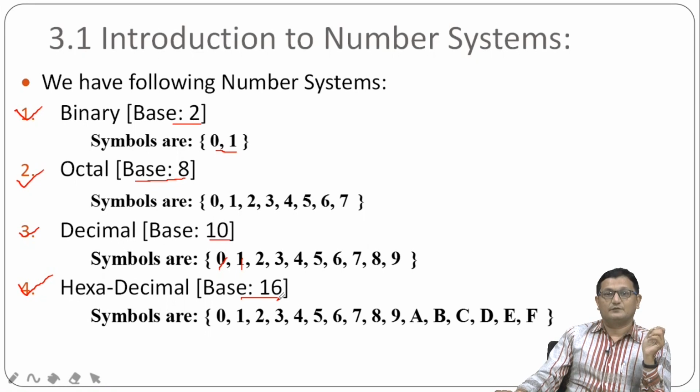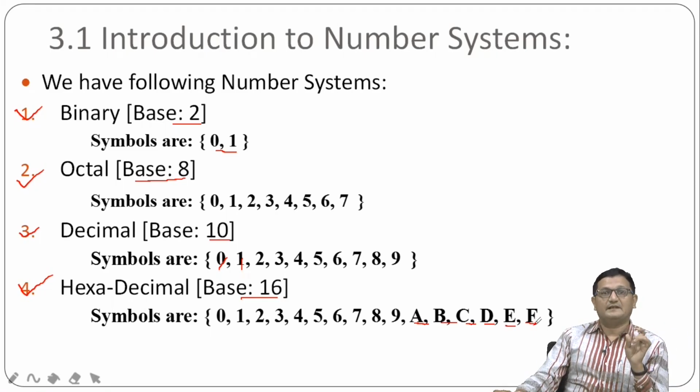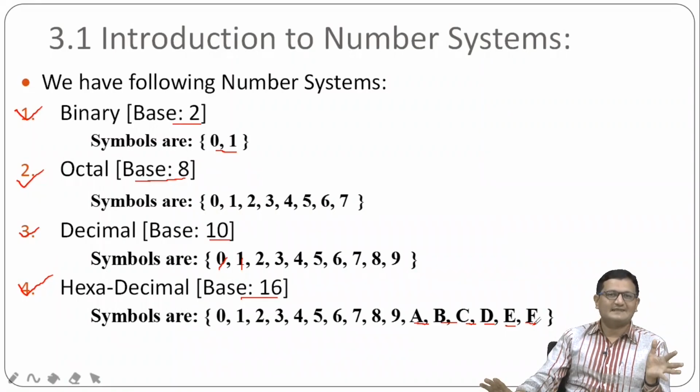No, 10 you can represent with A, 11 will be represented as B, 12 as C, 13 as D, 14 as E, and 15 as F, right? So total up to 15, right? From 0 to 15 you can use just a single digit, and that is why hexadecimal has total 16 symbols and its base is 16.